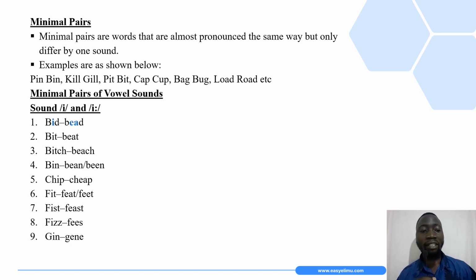So in the first example, we have bid and bead. So there is also bit and beat. We have bitch and beach. There is also the next pair, bin and been, that is its homophone.